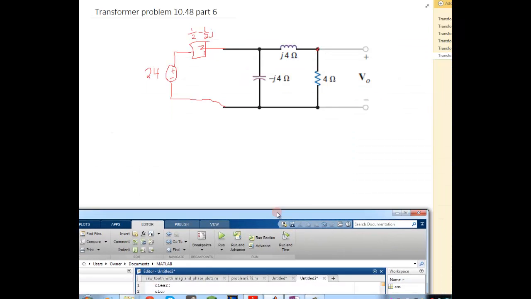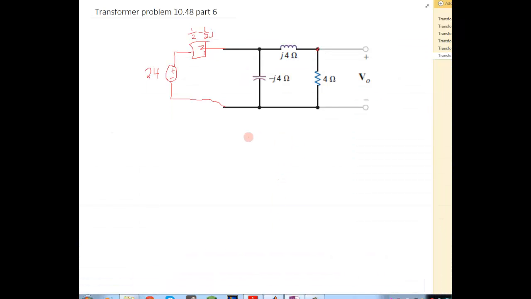That's 4 minus 4j. So we'll call that Z2.